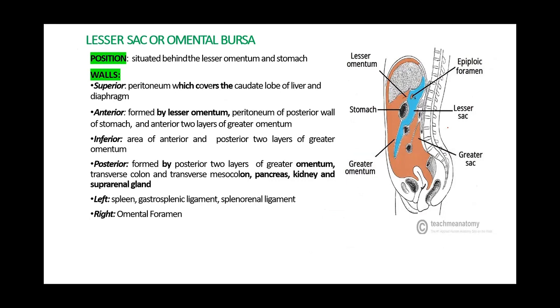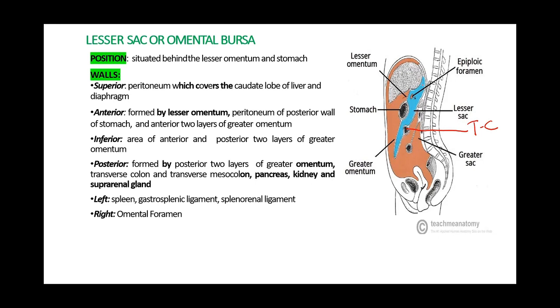The lesser sac is also called the omental bursa. Now you can see it is just behind the stomach, beneath the liver, and it is between the stomach and the transverse colon. This is the transverse colon. Now, this bluish portion is described as the omental bursa or the lesser sac.